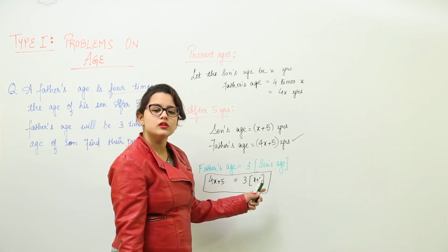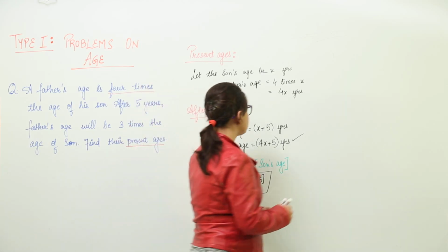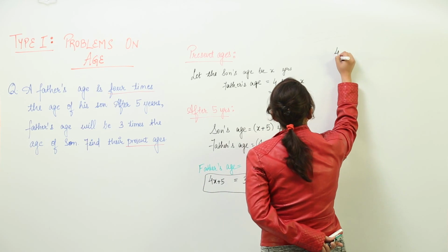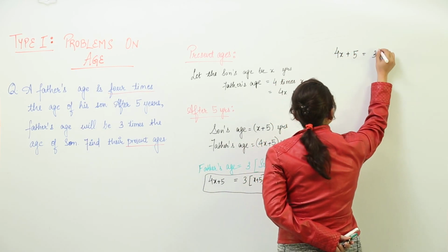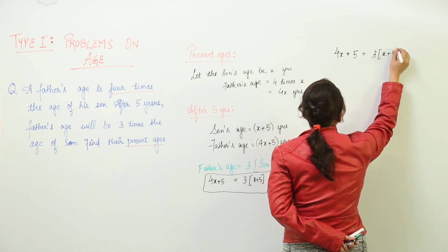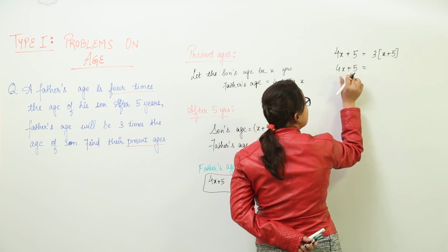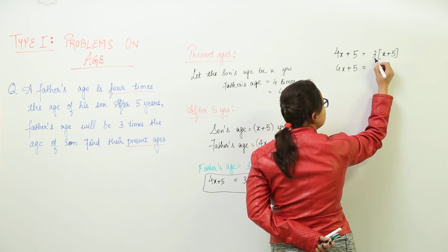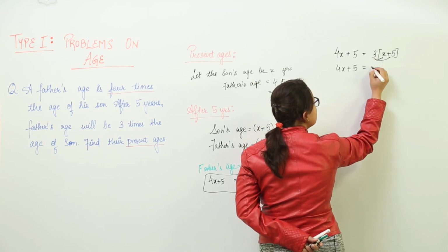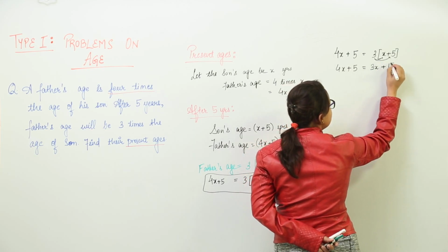Can we solve it further to find their ages? Yes, we can. The linear equation is 4x plus 5 equal to 3 times (x plus 5). For solving this, we let the left hand side remain as it is for the time being. We solve the right hand side by multiplying the factor with both terms inside the brackets, so it becomes 3x plus 3 fives are 15.